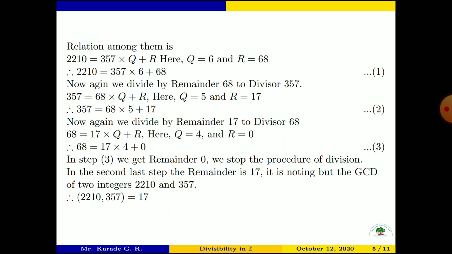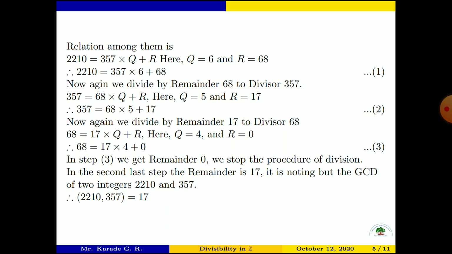Now again we divide 68 by the remainder 17, and we get 68 is equal to 17 into quotient plus remainder. Here q is equal to 4 and r is equal to 0. So finally we have 68 is equal to 17 into 4 plus 0.